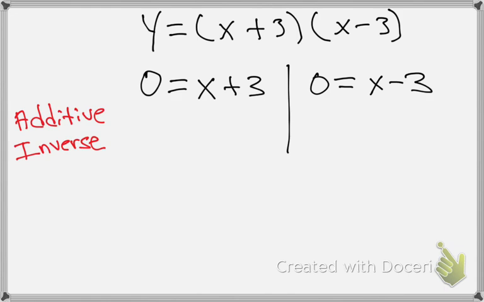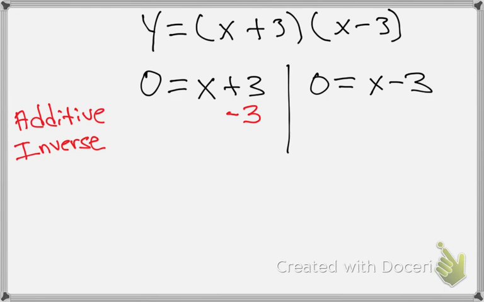So therefore we're going to use the additive inverse, and basically the additive inverse says that if you have a positive 3, well, in order to cancel out or get rid of or get x by itself, you have to use the inverse. Okay, so the inverse of the sign, of the additive sign. So if it's positive, you're going to put a negative under it. If it's negative, then you would put positive.